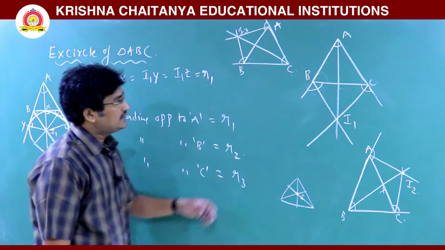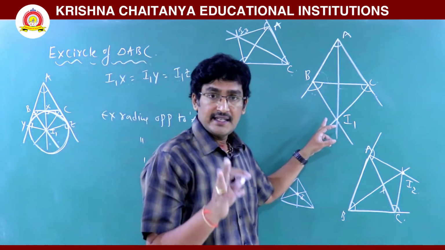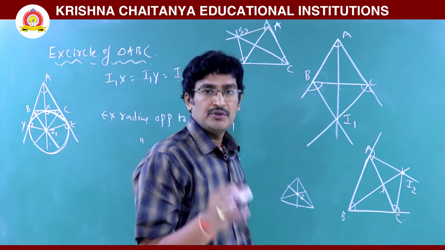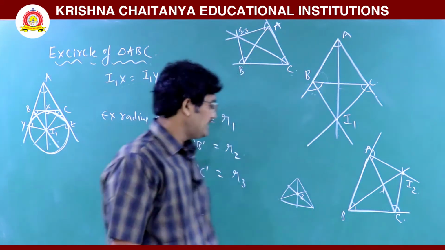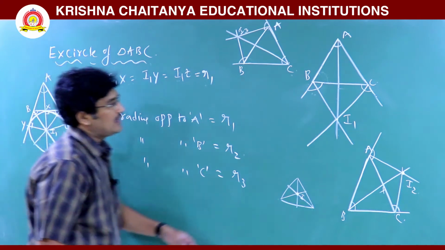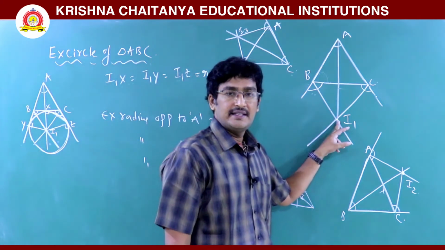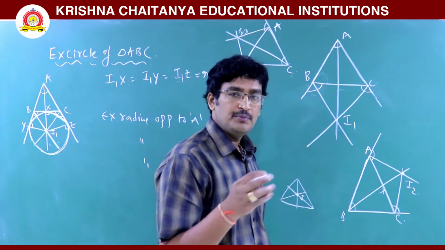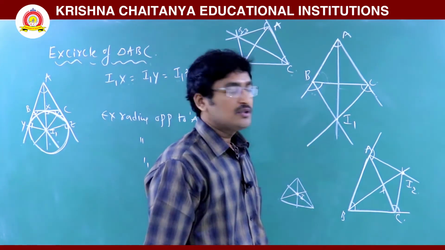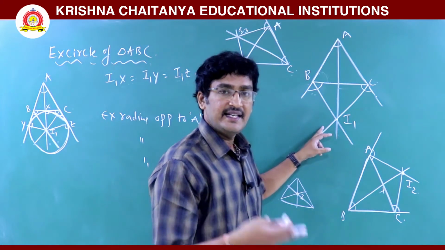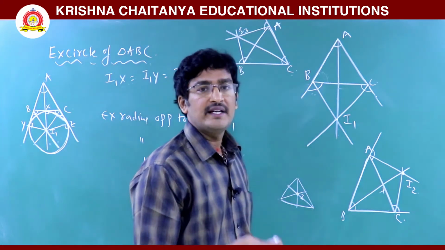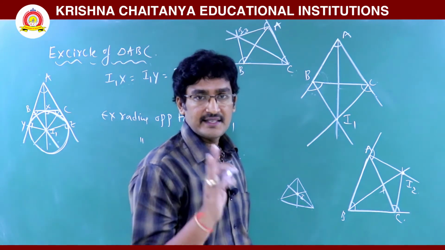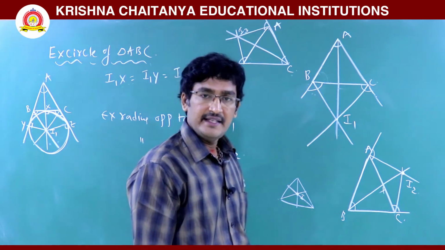So there are three excenters, three excircles, three exradii for triangle ABC. Suppose we take any triangle ABC like this; we have three excenters I1, I2, I3. We have three excircles opposite to A, B, C. Those three excircles have three radii: R1, R2, R3. So triangle ABC has three excircles, three exradii, three excenters.